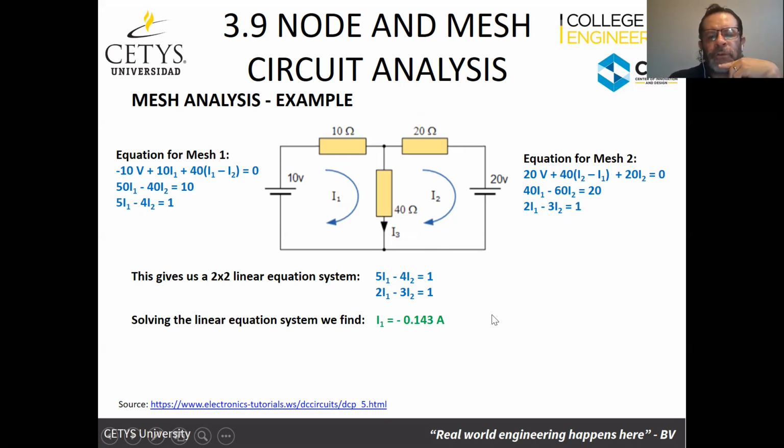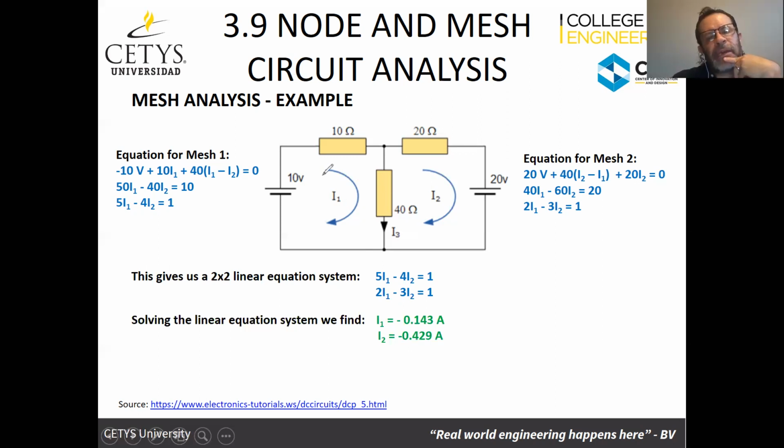minus 0.143 and I2 is minus 0.429. Okay, what does that minus mean? Can somebody tell me? These are typical questions for this exam. What does that minus mean? Anybody? That the current was going to the other side? Yes, correct.